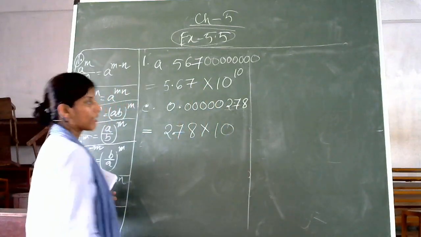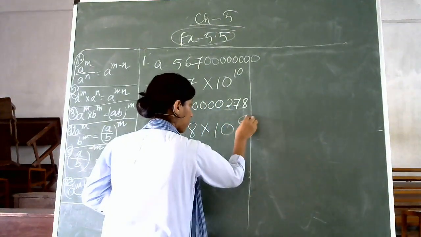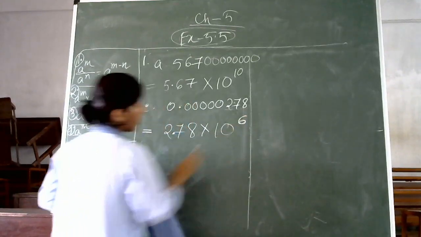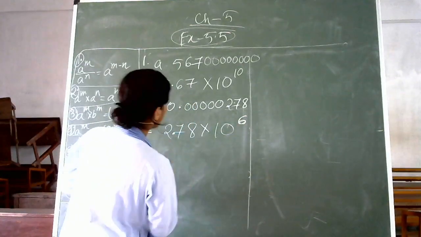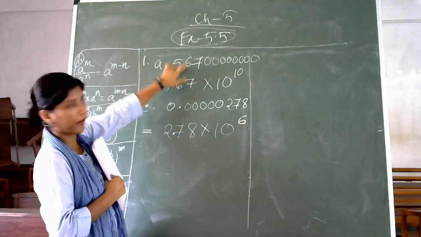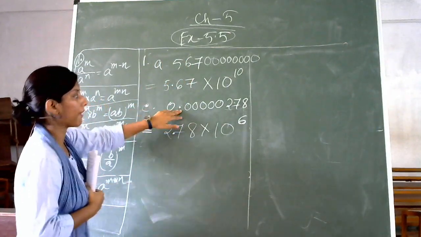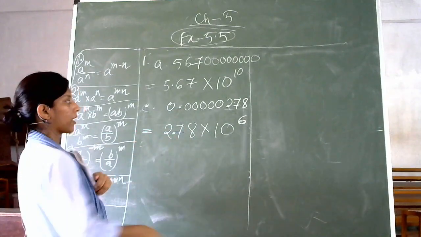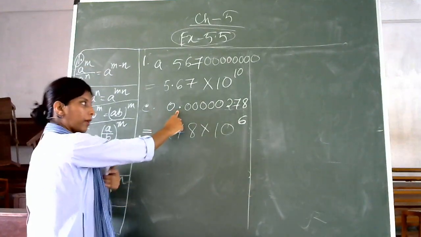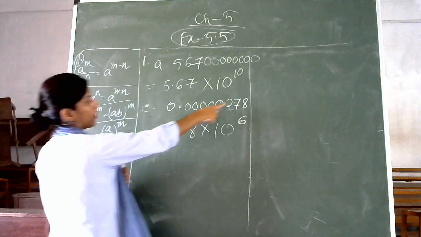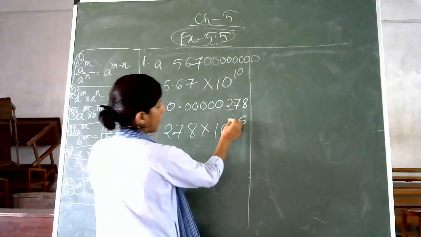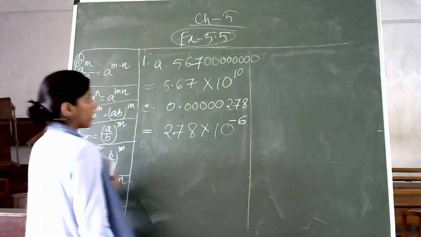So there are 6 digits, so I'll be writing 6. But notice that here there was no point, and here I already have a point. In that case, whenever they have given you a decimal number, when you shift the point, we always write a minus over here. Did you understand the difference?